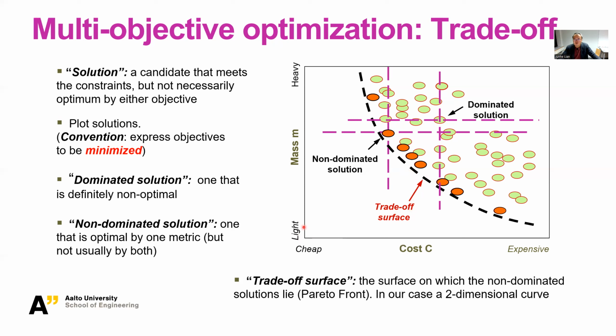If we have a 2D plot, we call it the trade-off curve, or you can also call it the Pareto front. Basically, it's the collection of the non-dominated solutions, or the so-called local minimums.